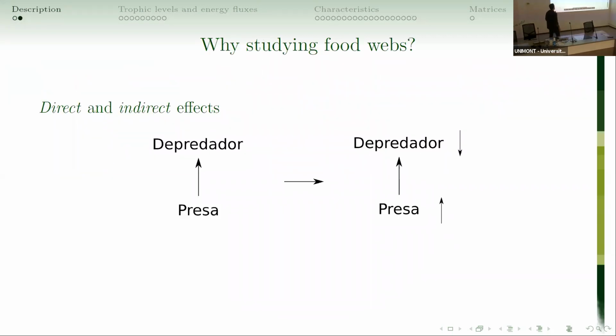So why should we study food webs? Imagine that we study two species, a predator and a prey.